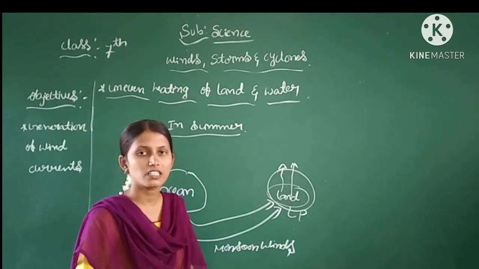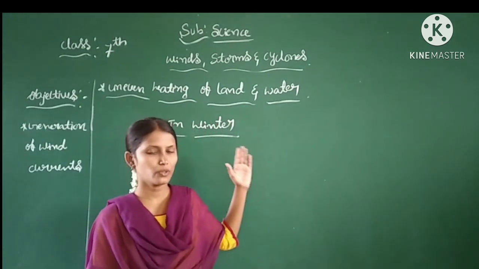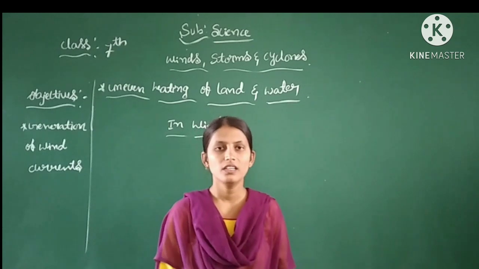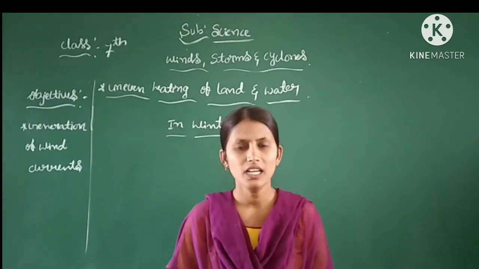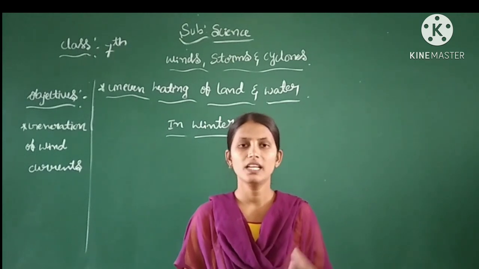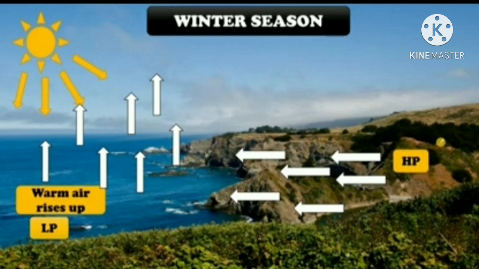Now let us discuss what happens during the winter season. In the winter season, the direction of winds is reversed. It flows from the land to the ocean. Look at this picture. The air at the ocean becomes warm and rises up, creating a low pressure area.